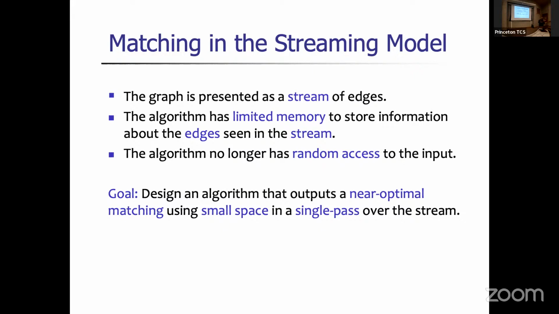So it can look at this sequence of edges passing by, store some information about them, and then at the end output a solution. Okay, so the algorithm no longer has random access to the input graph. Our goal here is to try to compute a near optimal matching using small space in a single pass over this stream.